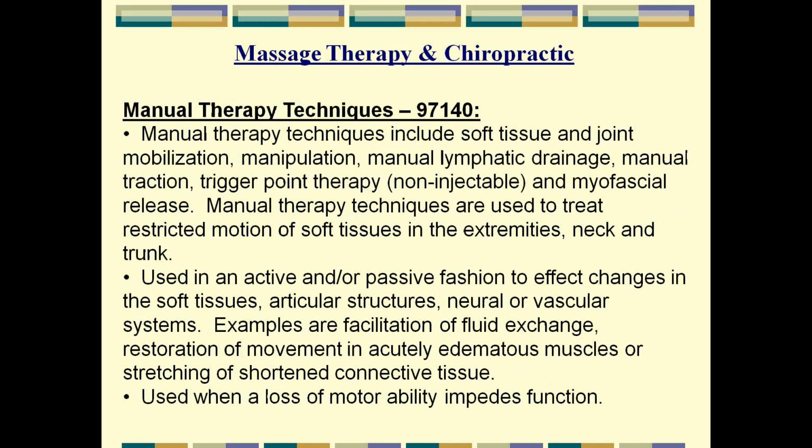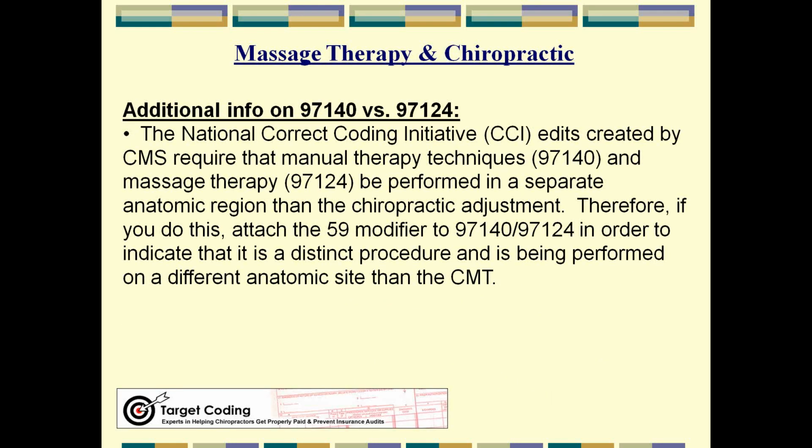Now, here's another thing you should be aware of as far as 97140 and 97124. The National Correct Coding Initiative edits created by Medicare require that manual therapy, again 97140, and massage 97124 be performed in a separate anatomic site if you're giving the patient a chiropractic adjustment.